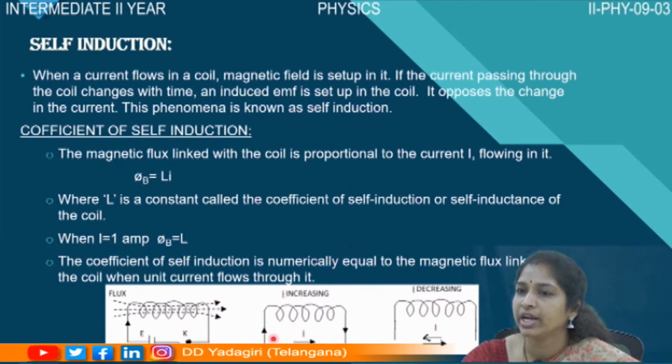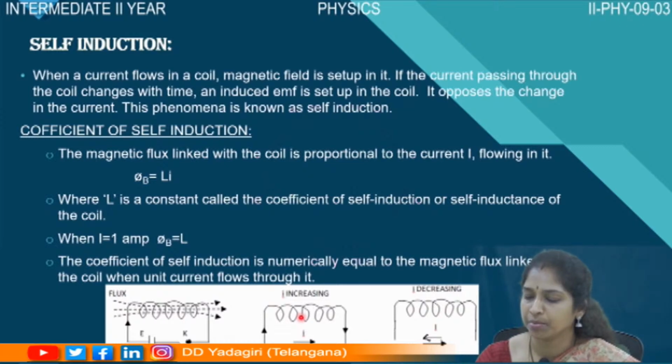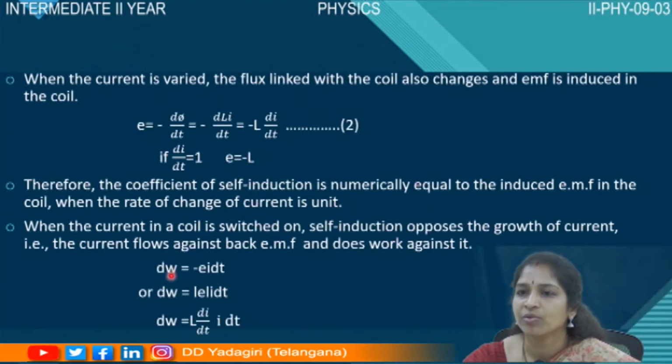So what does it do? It has to increase, so it will do some amount of work against the back EMF. That amount of work done is dW equals EI dt. You can write the negative sign, or take only the magnitude, because the negative sign indicates that the work is done against this EMF.